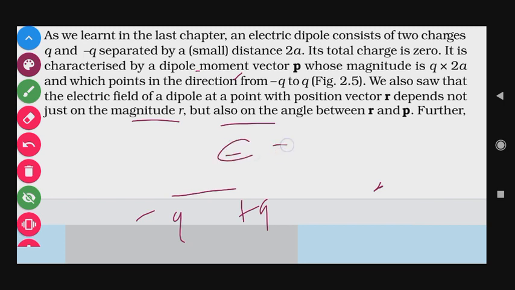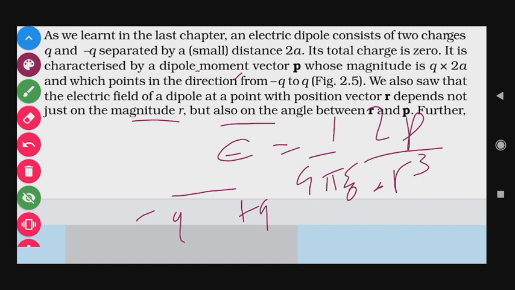For the axial point, for a small dipole, E was 1 upon 4 pi epsilon naught times 2p upon r cube. For the equatorial point it was 1 upon 4 pi epsilon naught times p upon r cube.